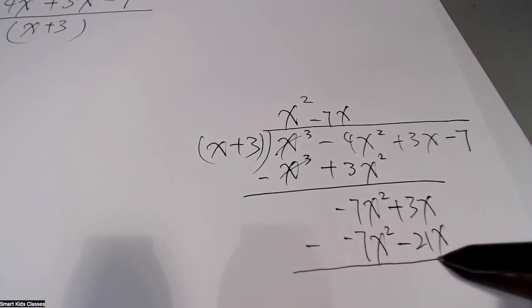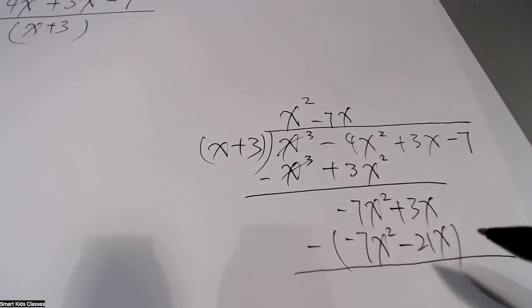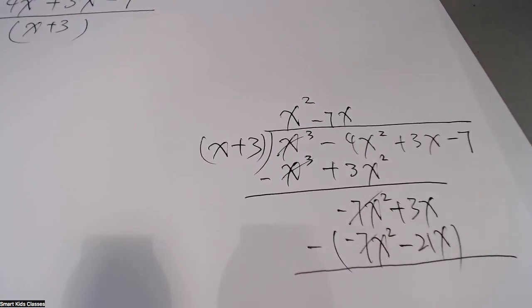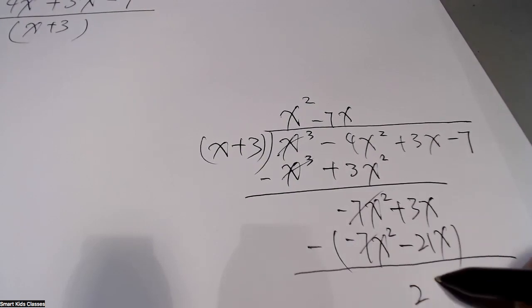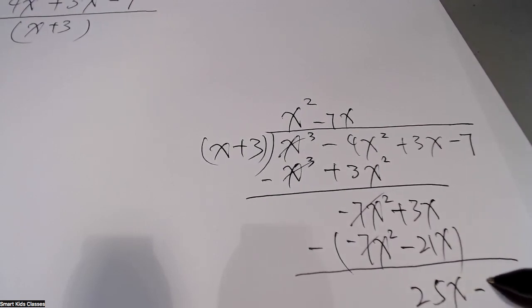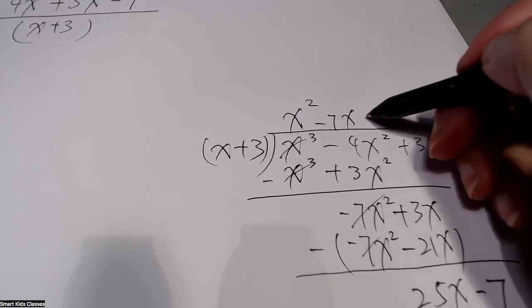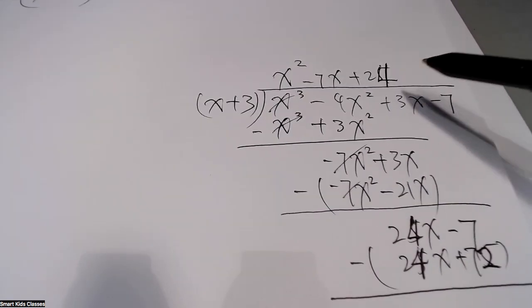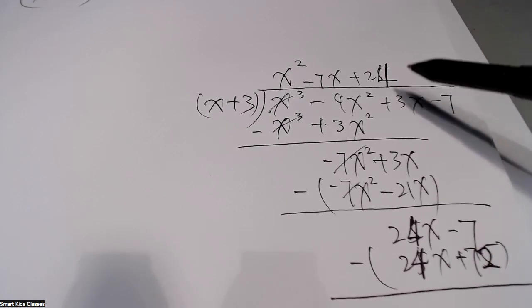So we are going to subtract it and change the sign. Cancel the first one. And we got 25x minus 7. So we're going to add 25 here. Excuse me, here should be 24. Why?